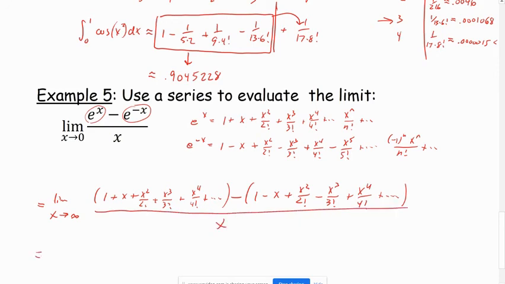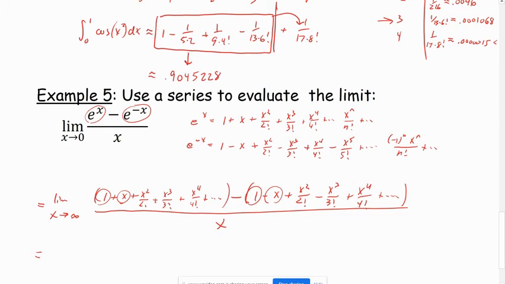Okay, so if we go ahead and subtract these two expressions, 1 minus 1 is 0. x minus negative x is minus x becomes plus x, so that's going to be 2x.